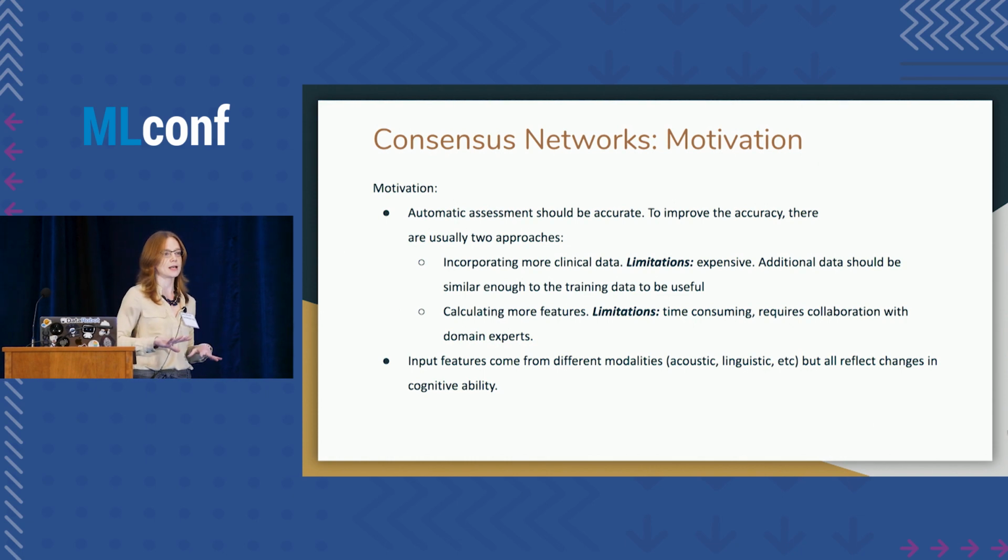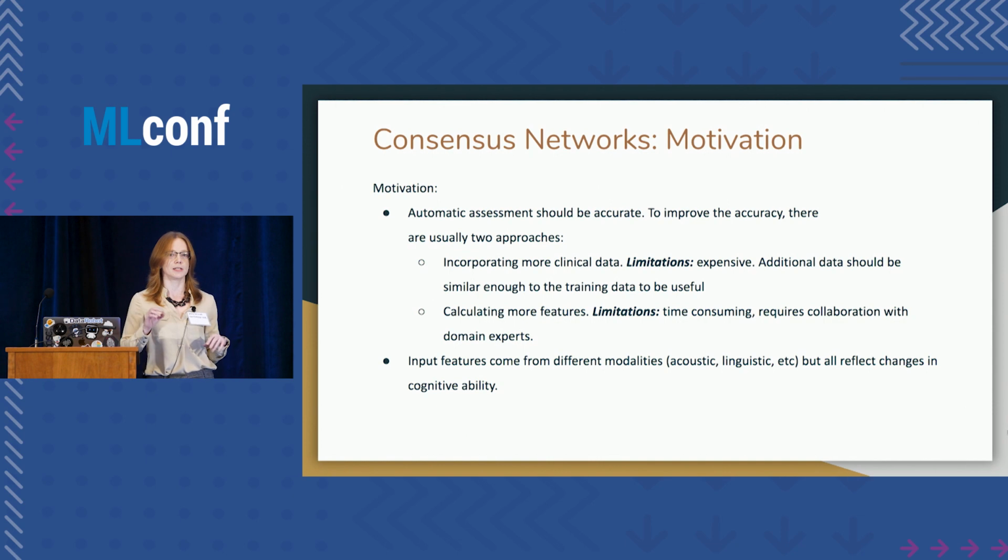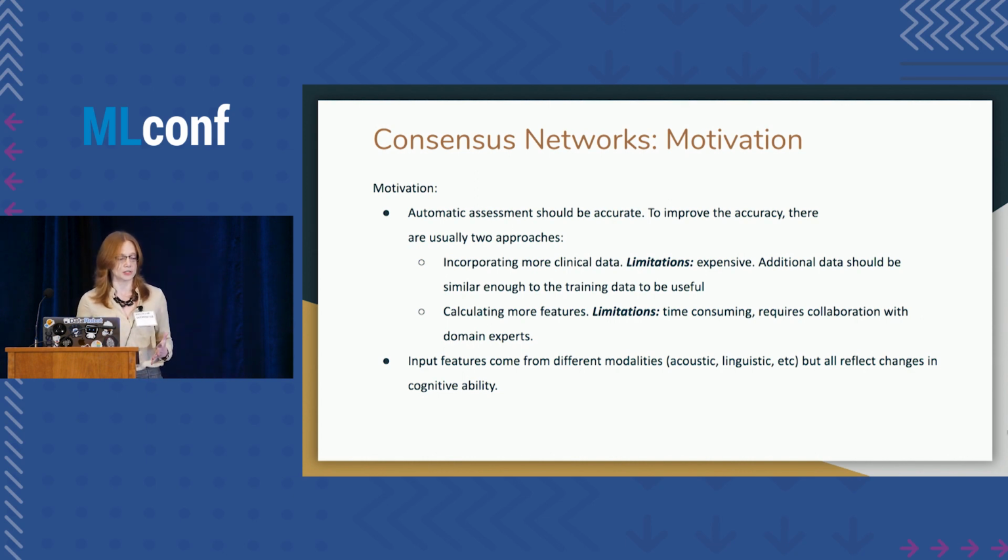And those modalities actually do not overlap a lot, but each of them reflects changes in human cognitive abilities. This is the motivation for the consensus network. As the name says, we try to find some kind of consensus between those modalities, and using that, help to increase the classification performance.